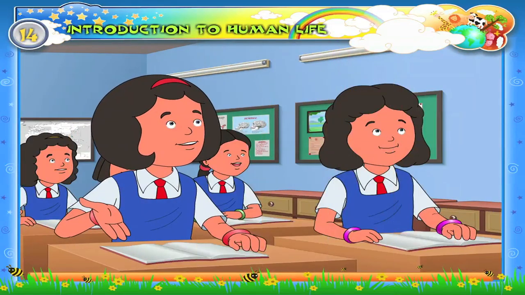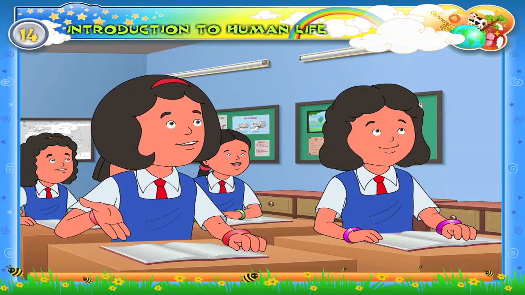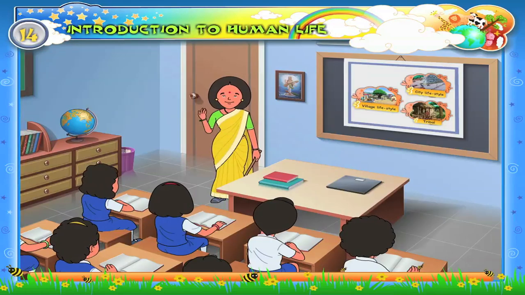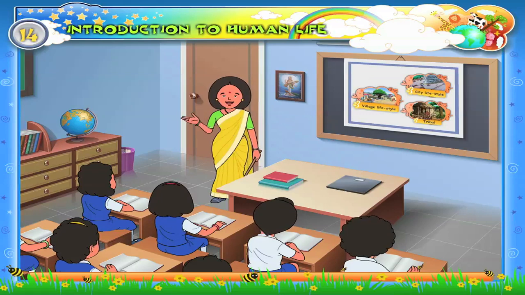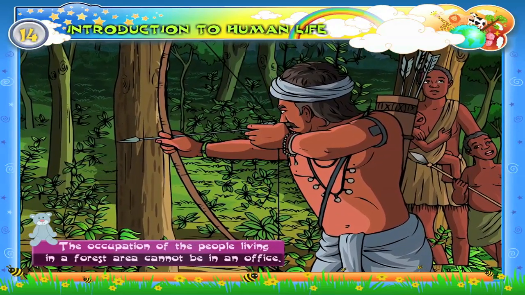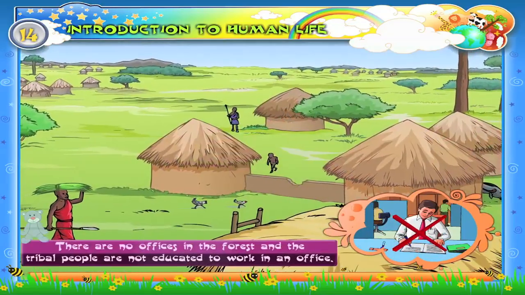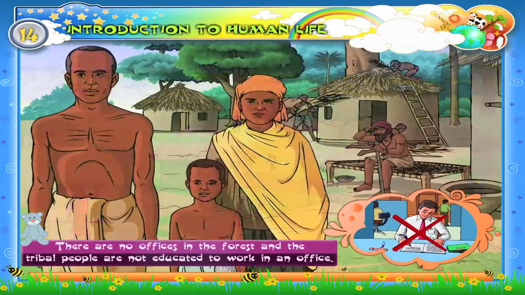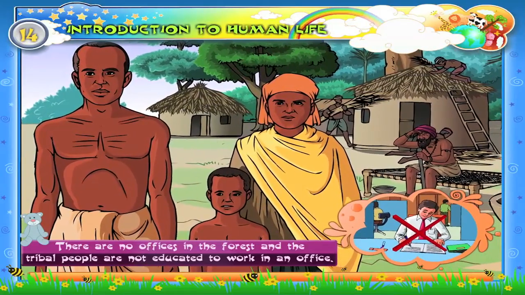Madam, the three pictures we saw in the beginning show that human life is different at different places. Why is it so? Human life is different at various places because it is very much influenced by the natural surroundings. For example, the occupation of the people living in a forest area cannot be in an office because there are no offices in the forest, and the tribal people are not educated to work in an office.